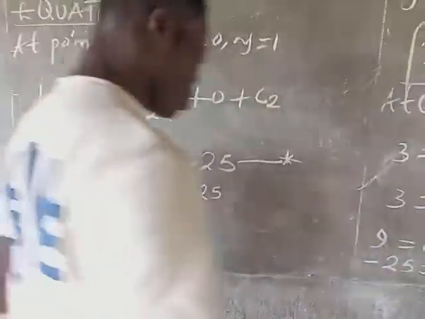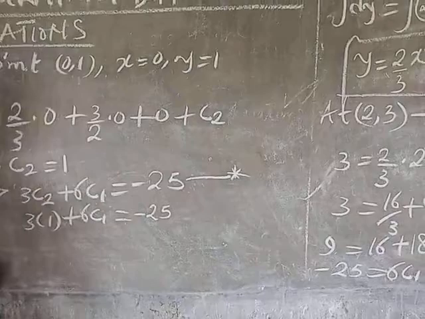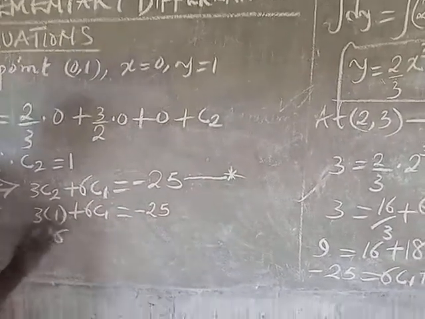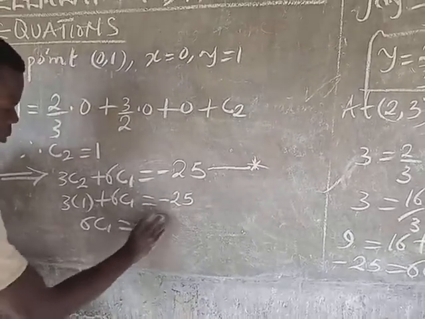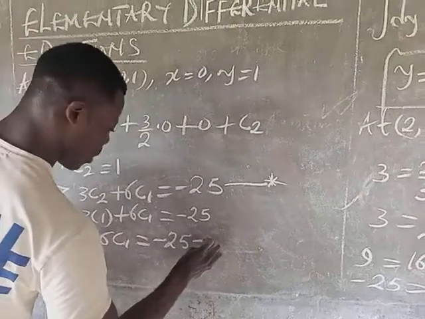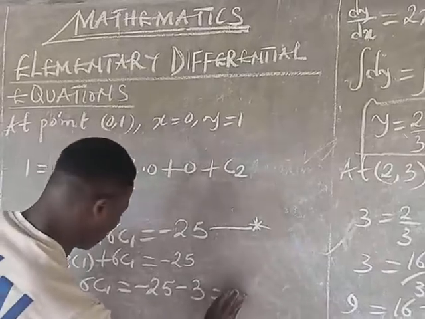So 6c1 equal to minus 25, then minus 3, and minus 25 minus 3 will be minus 28.